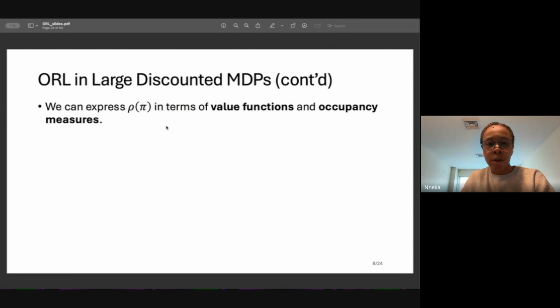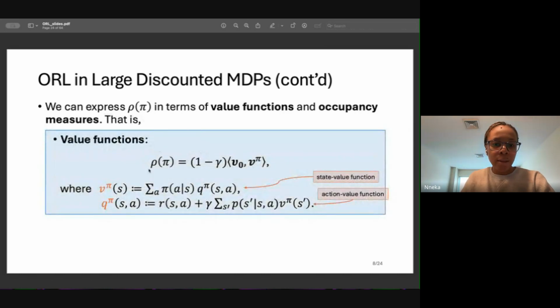To conclude the round of notations, I just want to note that we can also express the return of a policy, rho pi, in terms of what we call value functions and occupancy measures, which is standard in reinforcement learning. Precisely, we can express rho pi as this dot product of the initial state distribution and v pi, where v pi is the state value function, such that v pi of s is the expected discounted sum of rewards for being in state s.